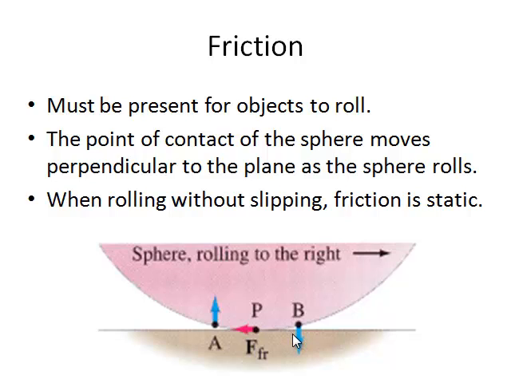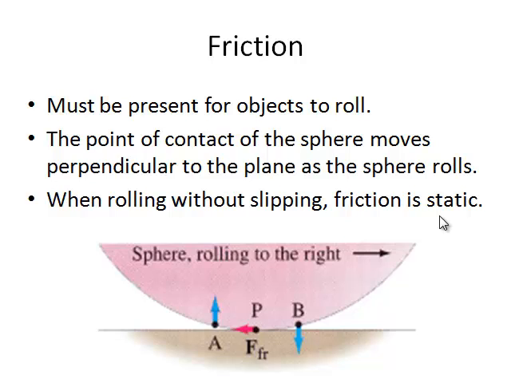This implies that there is no work done by the force of friction, and it implies that when we roll without slipping, the friction is static. We aren't going to lose any energy at this point due to the rubbing between the two surfaces, and we will have static friction. It's worth a mention here too, though, that just because we have rolling, do not plug in that the force of static friction is equal to mu s Fn.